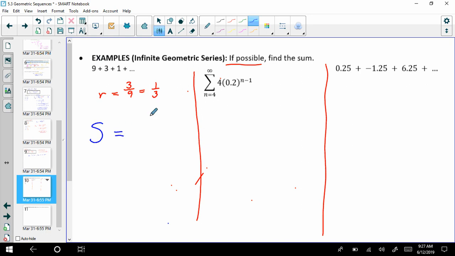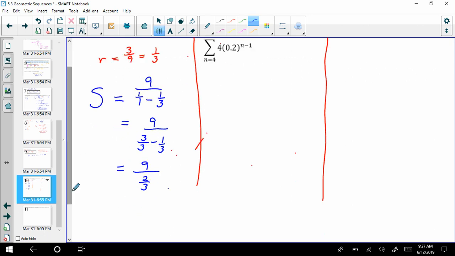Well, my first term was 9, over, and then I have 1 minus r is 1/3. If I wanted to combine those, this is like 1/1 technically, so I would need a common denominator of 3. So I would get 2/3.